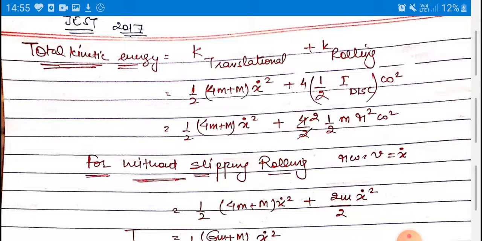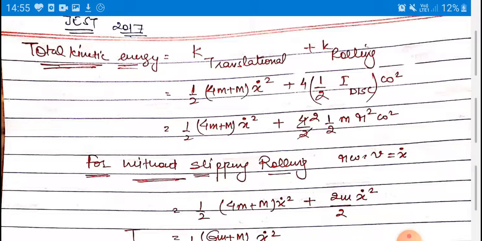So the very first case I am not using the slipping case, I am using rolling. In case of rolling, we know that it is half I omega square, sorry, half I disc omega square, and the factor 4 is multiplied in the second term because there are 4 discs which are rolling.